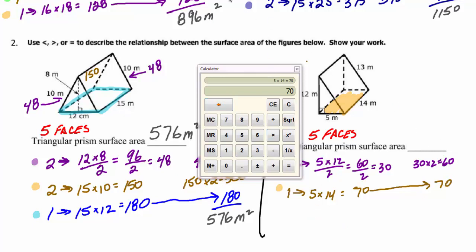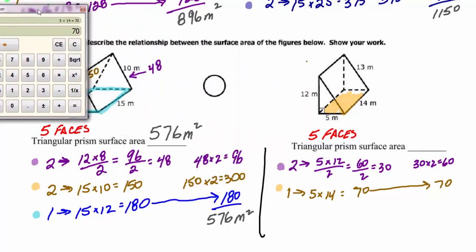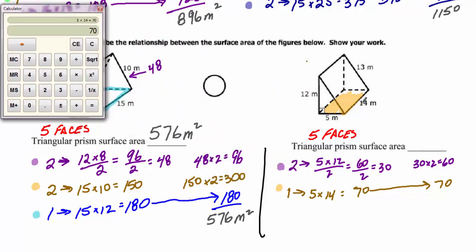All right. Next, get out of the way there, calculator. Next, I have a face. I'll erase this. I have another face that is right here. It is 12 by 14. So this 14 also is that 14. So I have a face that's 12 by 14.